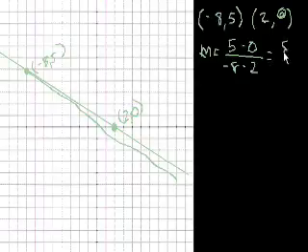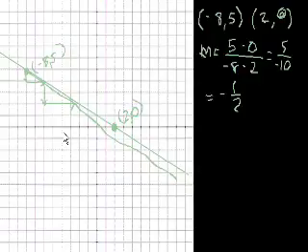So it equals 5 over minus 10, and that equals minus 1/2. So that means for every 2 we go over, we go down 1. For every 1 we go down, we go over 2, which makes sense. Or if we go down 2, we'll go over 4, because 2 over 4 is the same thing as 1/2. Hope that makes sense to you.